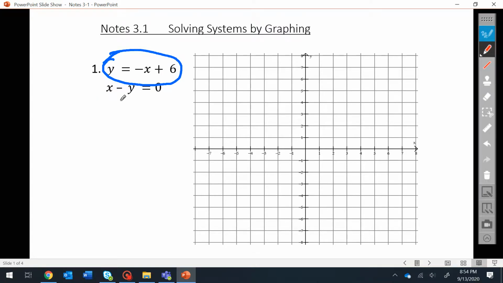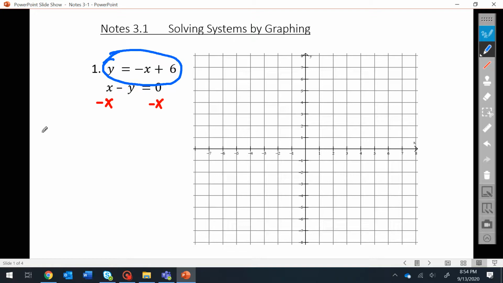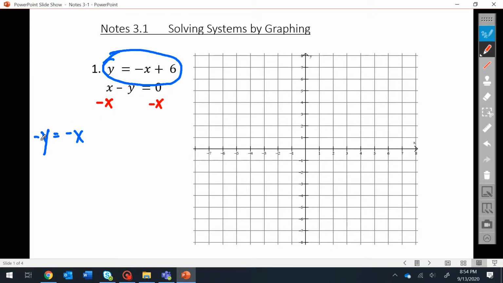That means I need the y by itself, so I'm going to subtract the x, which gives me negative y equals negative x. I do need to get rid of this negative sign. Remember, that means there's a negative 1 out here, so I'm going to divide by negative 1 on both sides. So my second equation becomes y is equal to x.